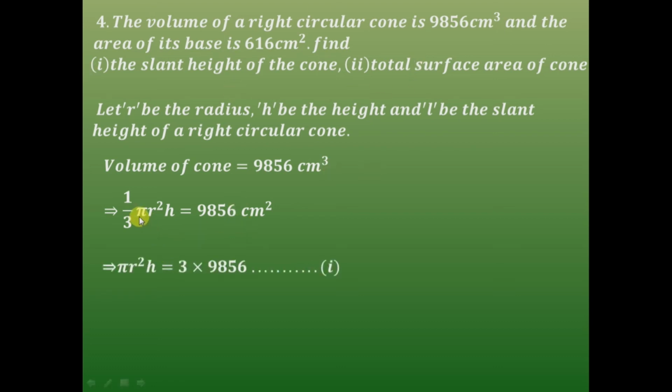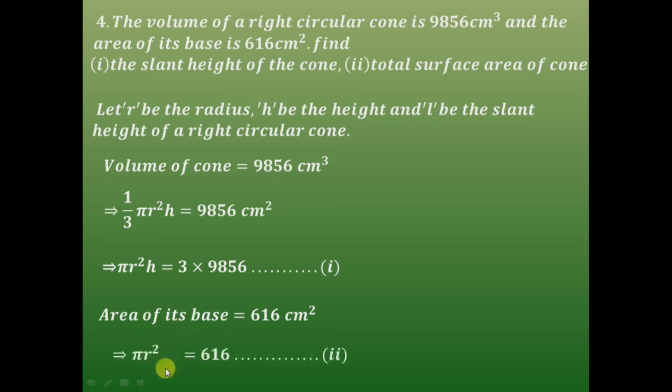By cross multiplication, pi r square h is equal to 3 into 9856. Let's make it equation number 1. Next, area of the base is equal to 616 centimeter square. Since base is circular in form, area of its base is equal to pi r square, which is equal to 616. Let's call it equation number 2.